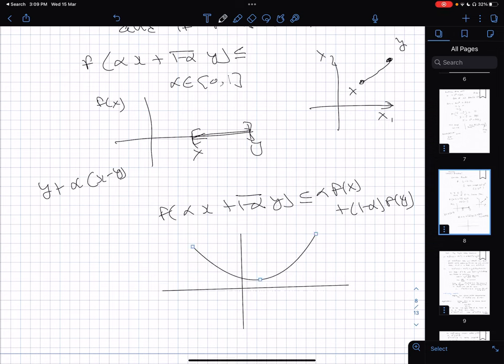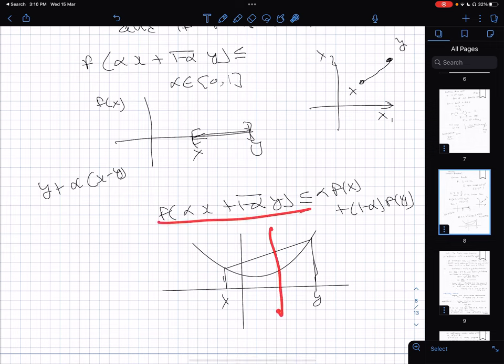But roughly speaking, what this means is, say for example, I have a function like this, and this is incidentally the x square function. I take this, let's say, as x, this as y. If I join these 2 points, now if I take any point in between here, for example, this is a convex combination of x and y, and the function value which is evaluated here is less than or equal to the linearly interpolated value of f of x and f of y.